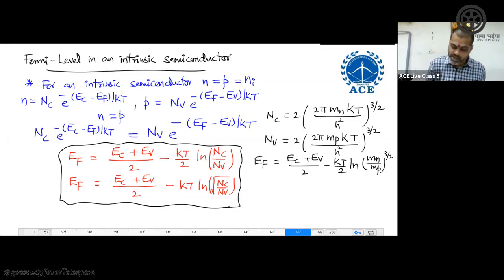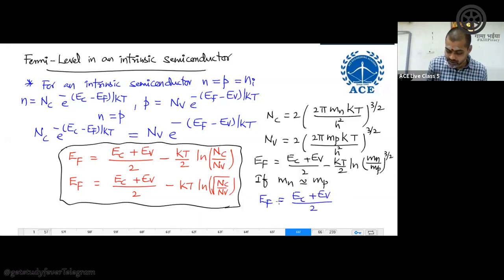Now if mn is approximately equal to mp, that is, the effective mass of the electron and the effective mass of the hole, if we take it as the same, this ratio is 1, and the logarithm of 1 will become 0. So what I'm going to get finally is Ef is equal to (Ec plus Ev) by 2.